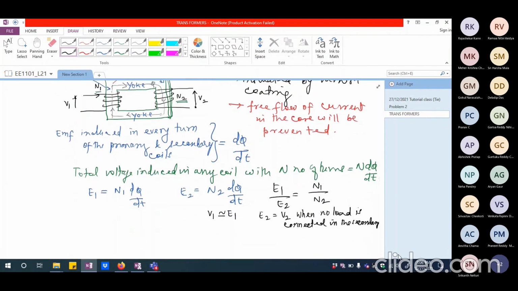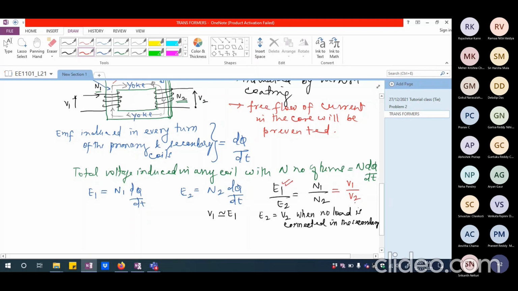So if no load is connected in the secondary, I'm going to have E2 equal to V2. So I should be able to write this approximately as V1 by V2 instead of E1 by E2, where V1 is the applied voltage on the primary side, which is almost equal to the induced EMF because there is not going to be much resistance drop.